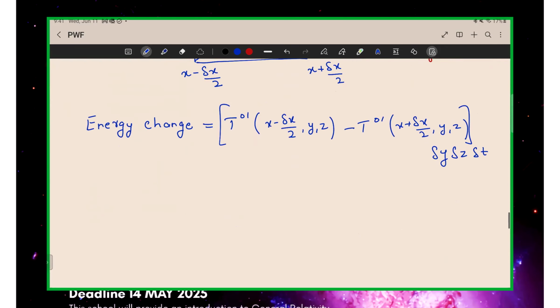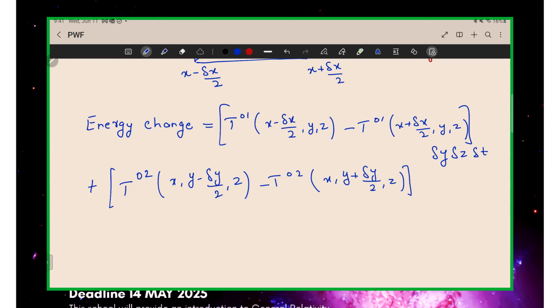So if you include those contributions, the faces that are perpendicular to the Y direction will be T02, and now the Y direction will have a change, minus X, Y plus delta Y over 2, Z. And here you can see that there is no delta Y because that's the direction perpendicular to the face.